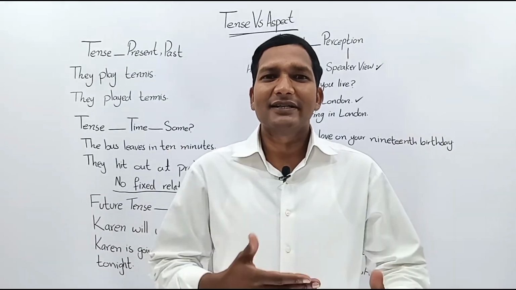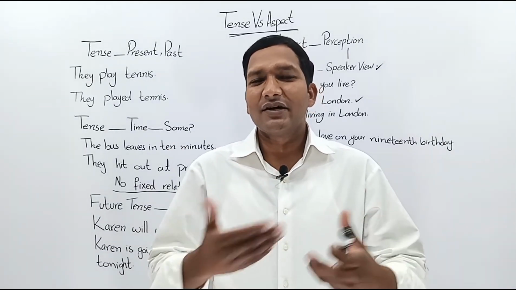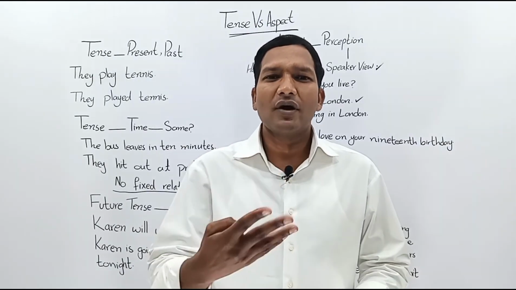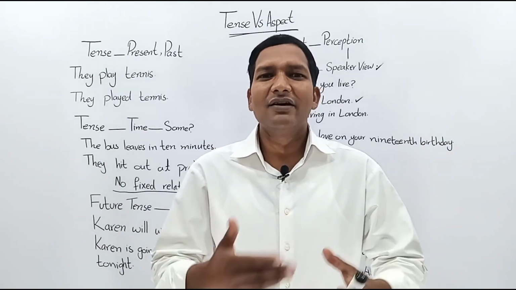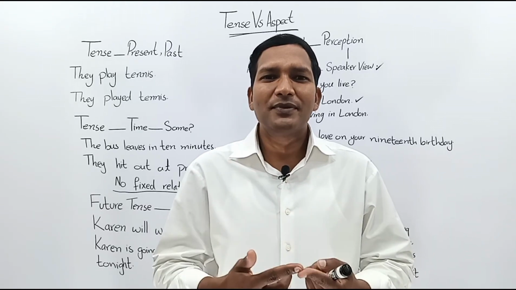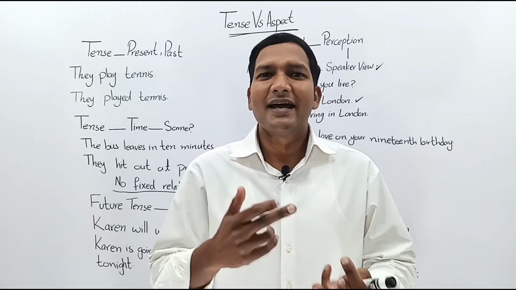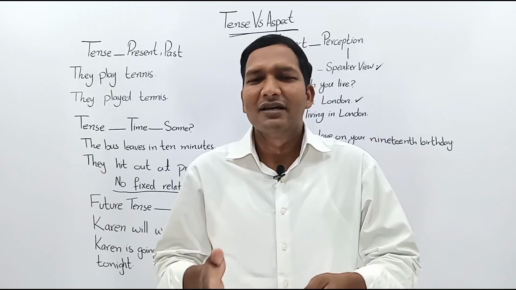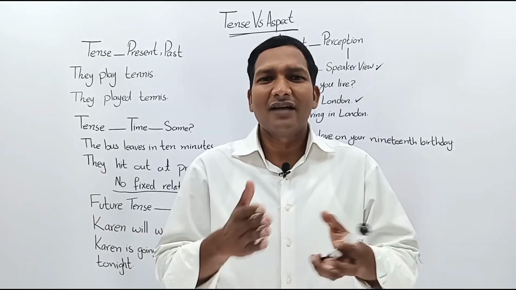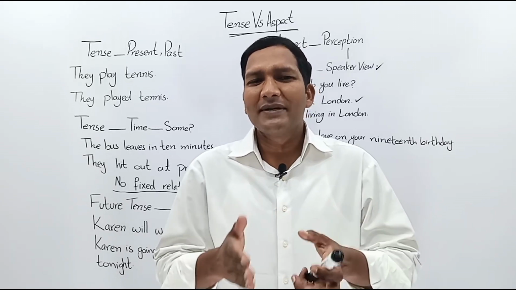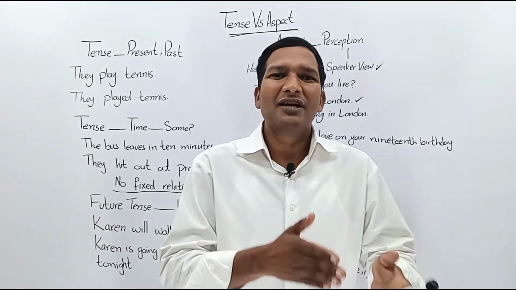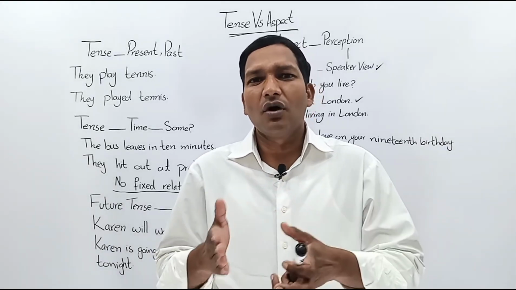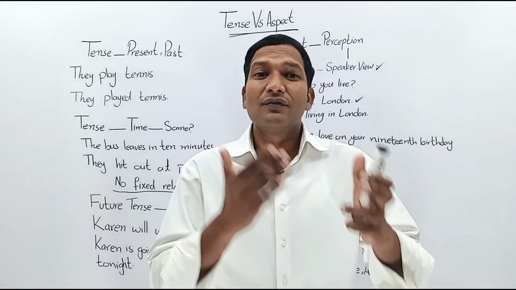But the question is how many aspects are there in English language? Between 2 or 4 aspects, I would like to say there are 3 aspects: simple, progressive or continuous, and perfect. Simple aspect is, in fact, not an aspect, because it does not modify the verb in terms of meaning, but just in terms of its form.